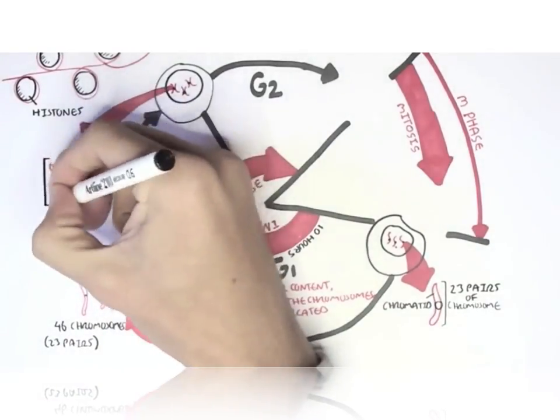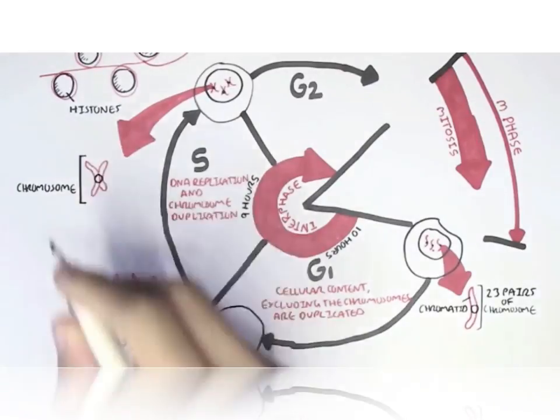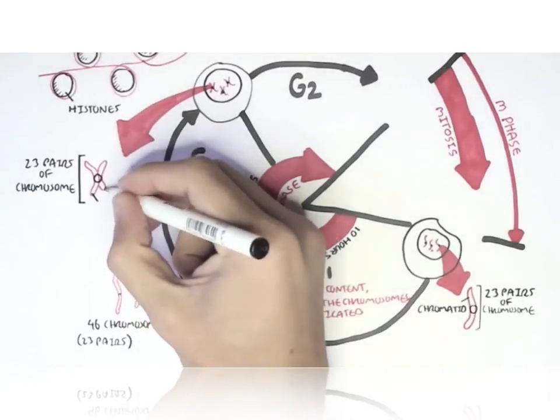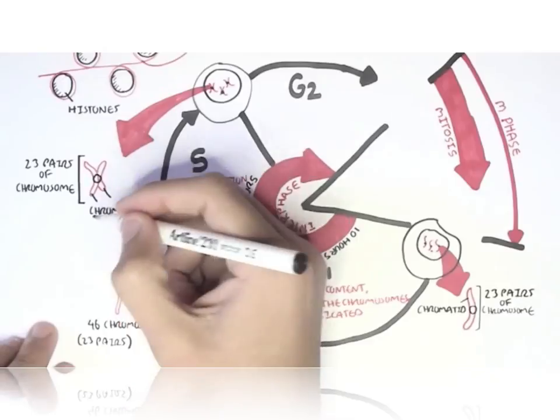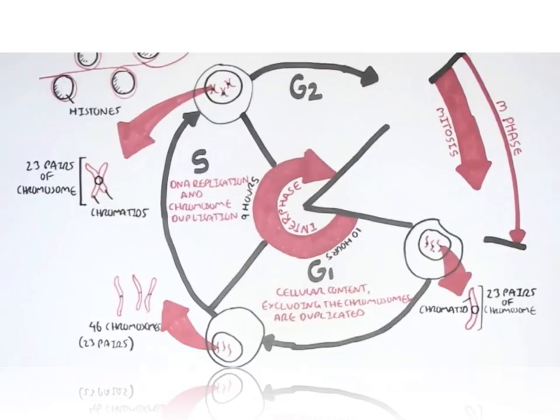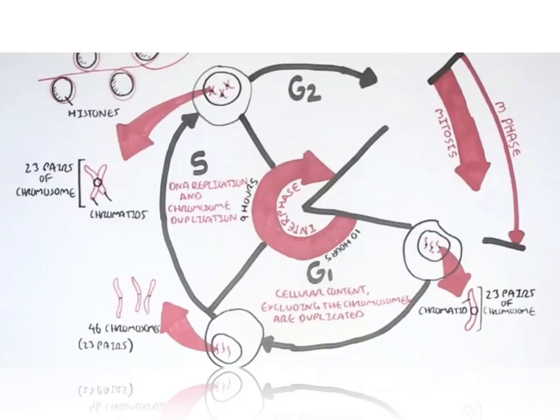This is still one chromosome, and so this cell will still have 23 pairs of chromosomes. It will just have double the chromatids, which means that the cell at the end of S phase will have 46 chromosomes, but it will have 92 chromatids. This is because the chromosomes have duplicated. It doesn't mean the chromosomes are double in number.